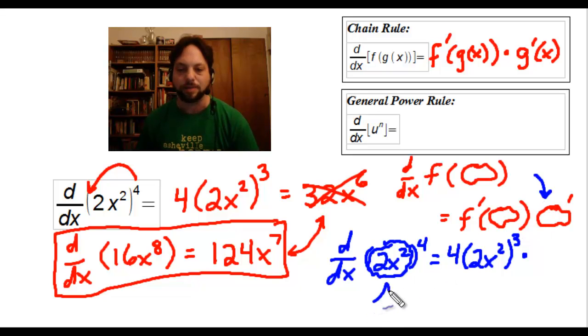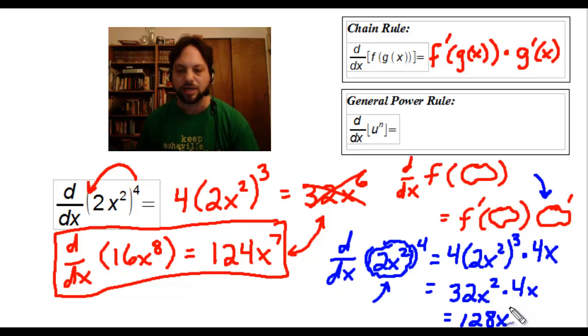And remember that the blob is 2x squared, so we'll need to multiply by 4x. Now, if we simplify this out, this will give us 32x squared times 4x. And if we simplify that, we're going to end up where we want to end up, with 128x to the seventh, simply because this 2 should be a 6, of course. So that's how we get the correct answer.